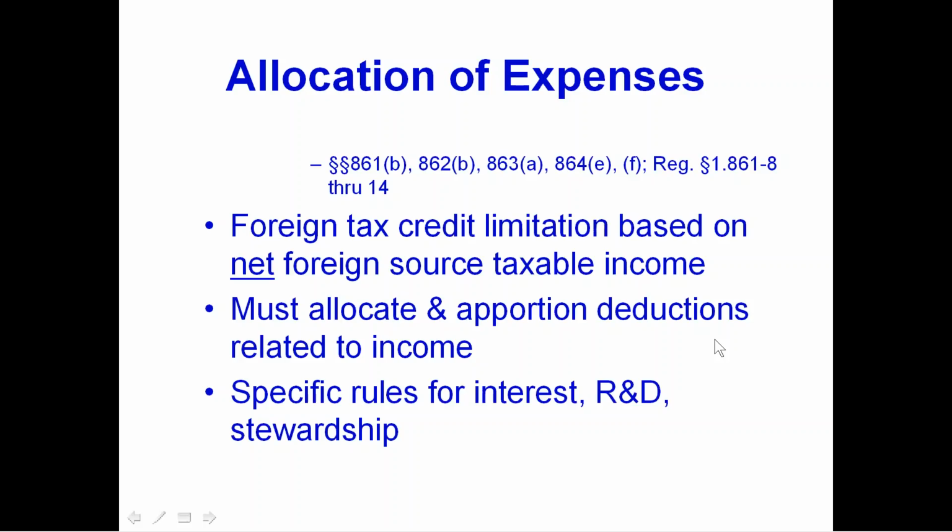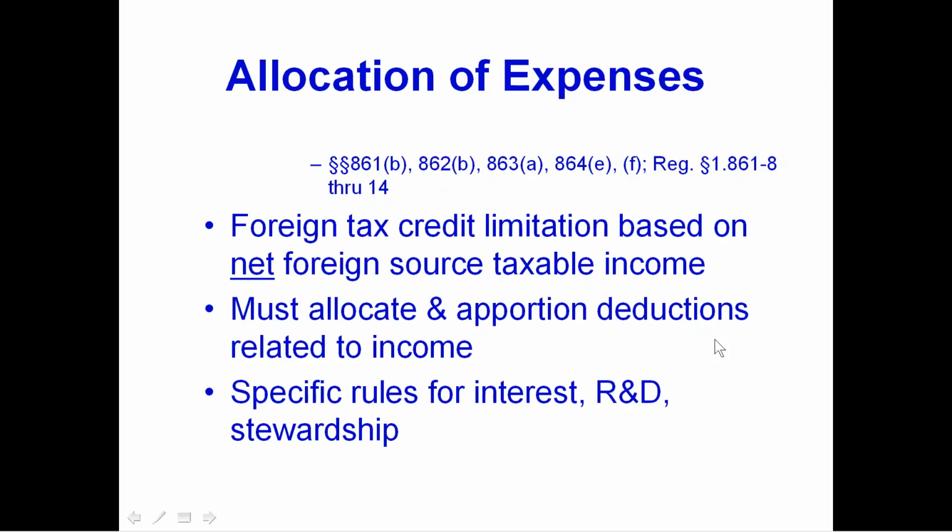Now, as we go through these rules, those of you with very much experience in cost accounting will say, you know, these rules really sound familiar. And if you've done anything in the 263A area, you'll say, you know, these are starting to sound familiar.